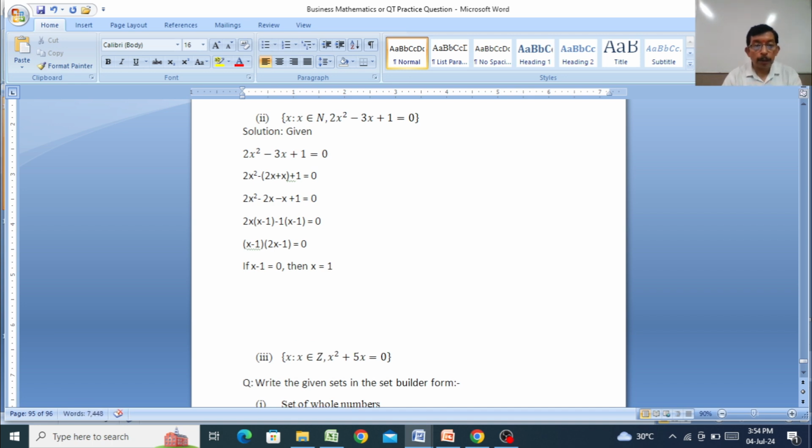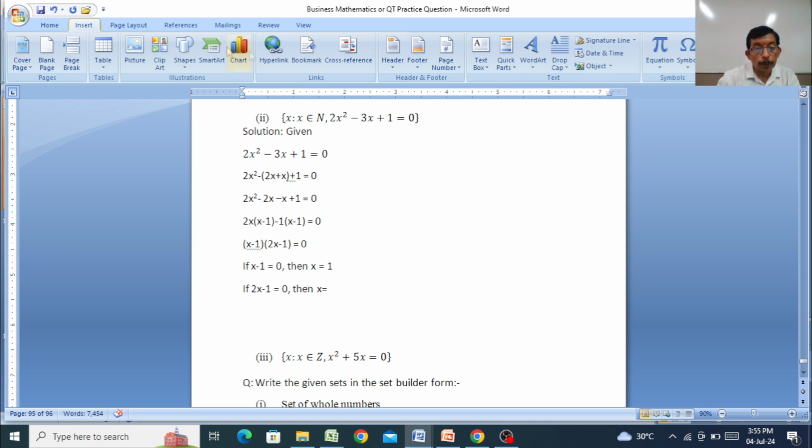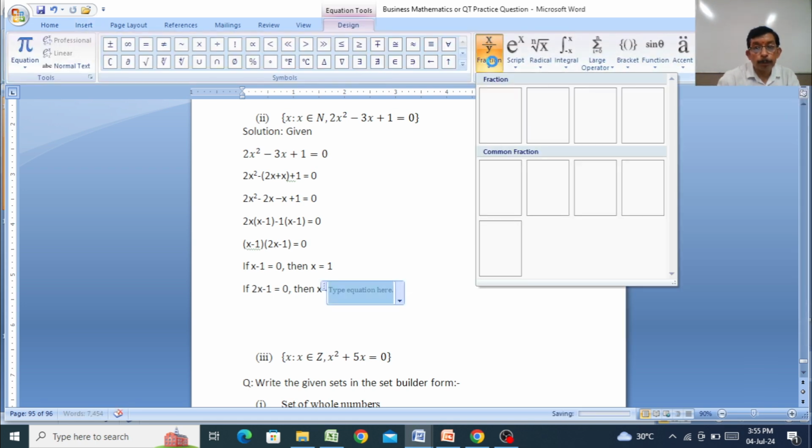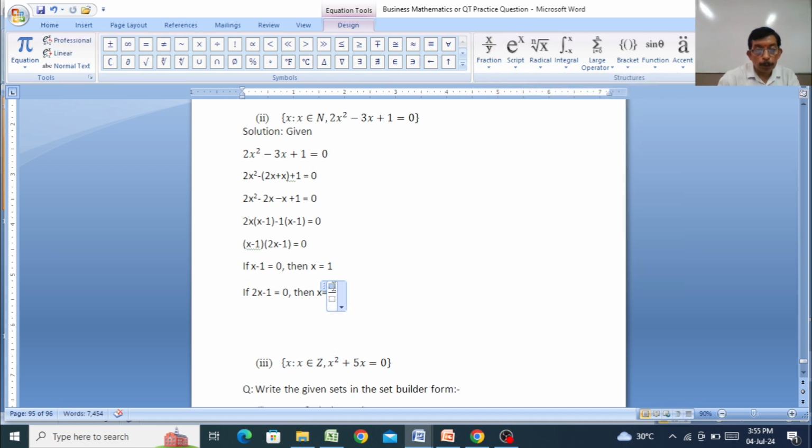And taking the second factor, if 2x minus 1 is equal to 0, then x is equal to 1 upon 2.